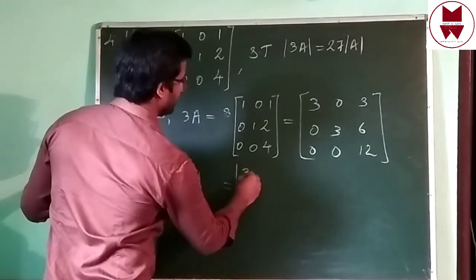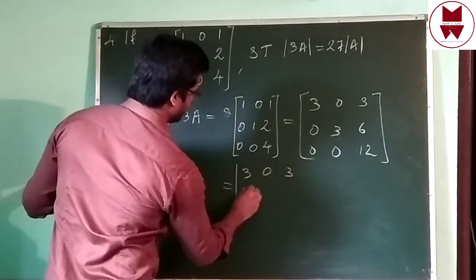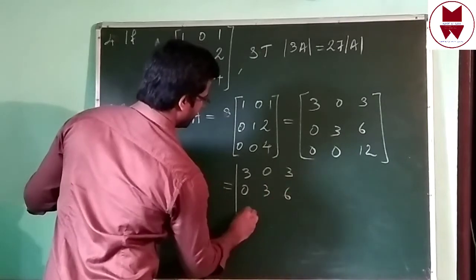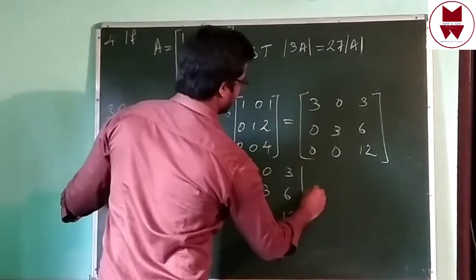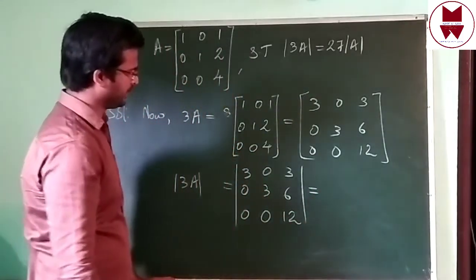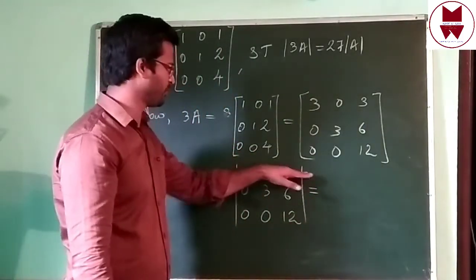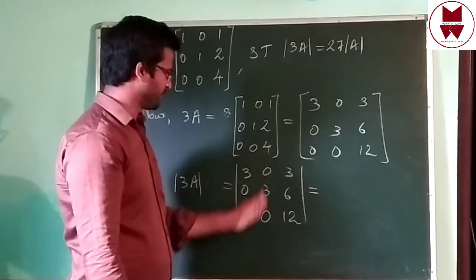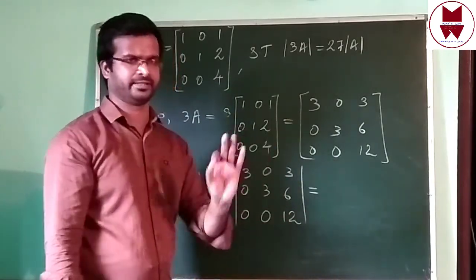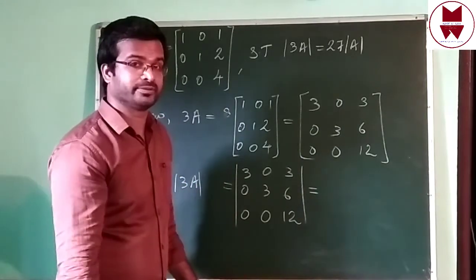Determinant of [3, 0, 3; 0, 3, 6; 0, 0, 12] equals, check here, we can use the first row, second row, third row, otherwise first column, second column, third column. Anything you can use. Which one will we use?